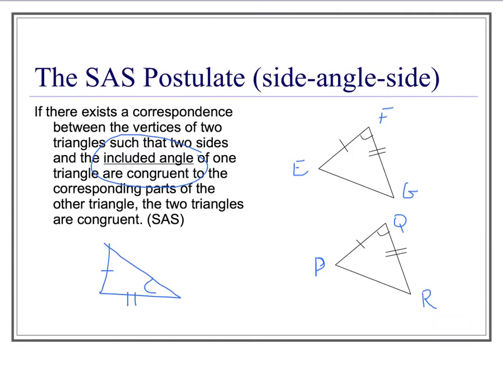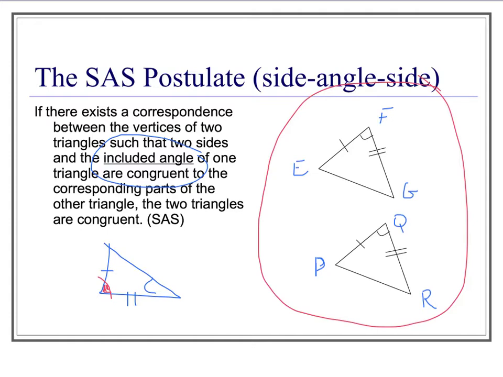The included angle in the blue triangle I just drew is this red angle I am now marking. It's very, very important. You just can't pick any random angle that you want. It must have an included angle between the two sides we are describing. So as you can see in the picture that I'm now circling, we do have a side angle side correspondence.